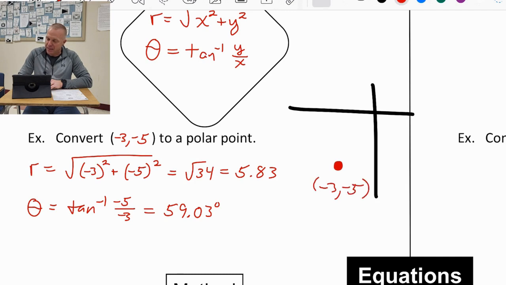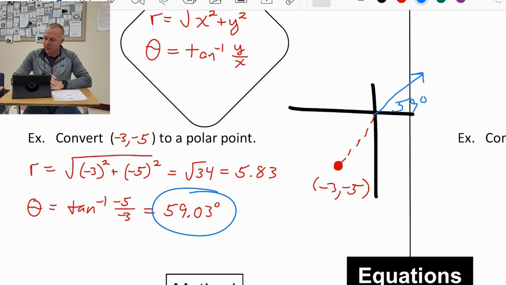Now, if I think about the radius, since it's just a sketch, unless I have a ruler or it's drawn to scale, I have to pretty much assume that the square root of 34 would be that distance, and it is. But if you look at the angle, 59 degrees, I'm pretty sure that is over here. Wait a minute, that is on the opposite side.